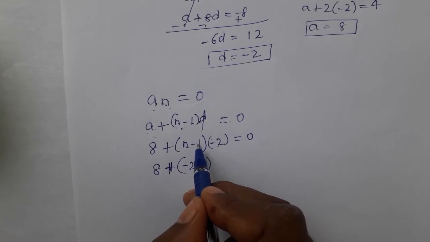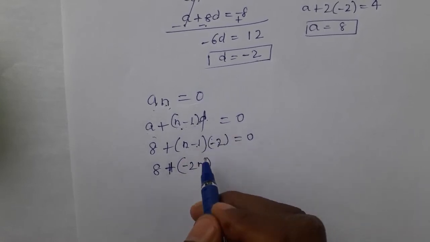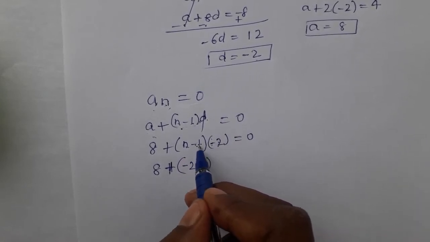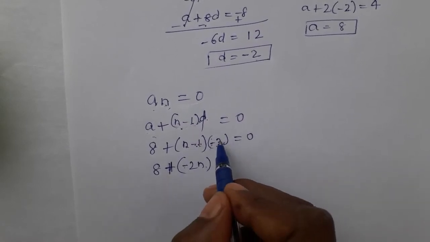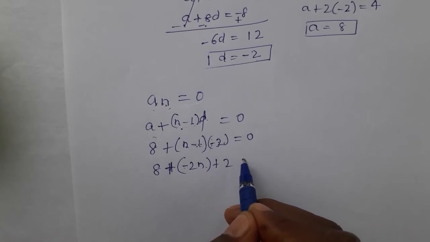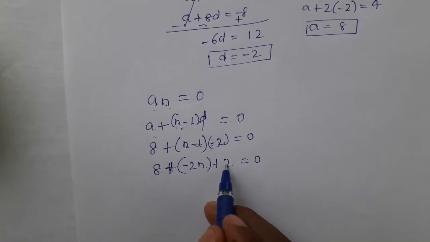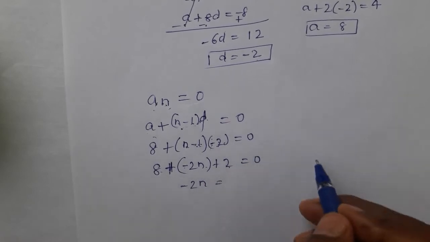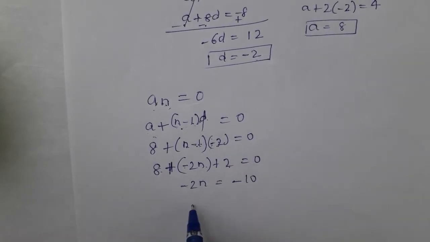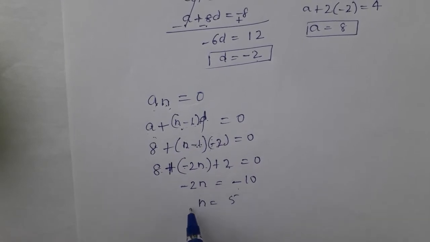Minus 2 into minus 1, because these two are multiplied here. Don't confuse minus 1, minus 2. Don't add these two. Bracket is there, so multiply. Minus 2 into N is minus 2N. Minus 2 into minus 1 is plus 2, equal to 0. So 8 plus 2, 10. Minus 2N is equal to minus 10, 10 shifted that side. N is equal to minus 10 by minus 2, minus minus cancel, N becomes 5.